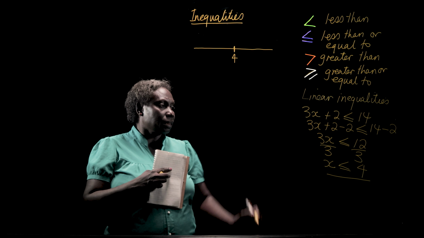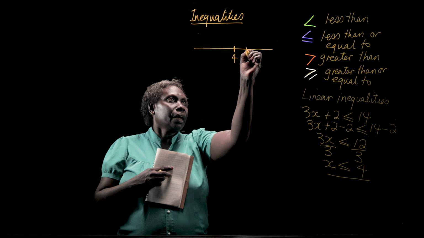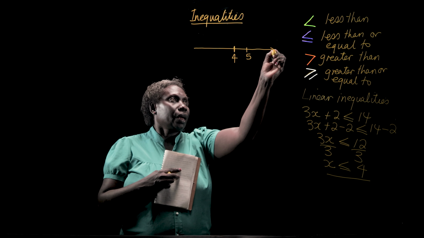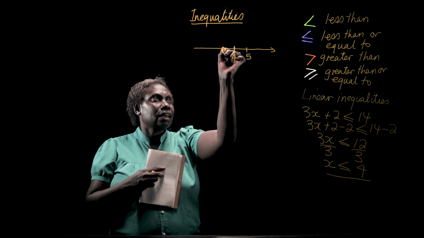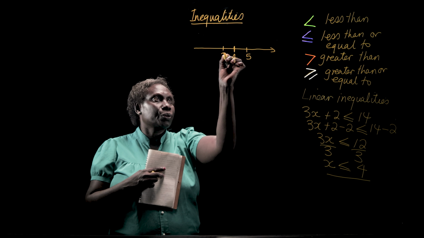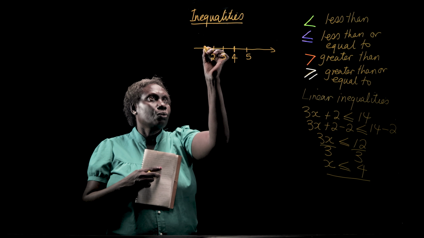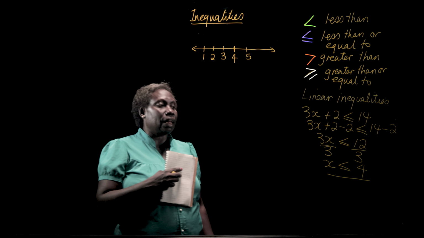Because x is less than or equal to 4, I put 4 here, and I put 5 here. 5 is greater than 4. Then I write down numbers which are less than 4. We have 3, 2, 1, and the numbers continue on towards the left.